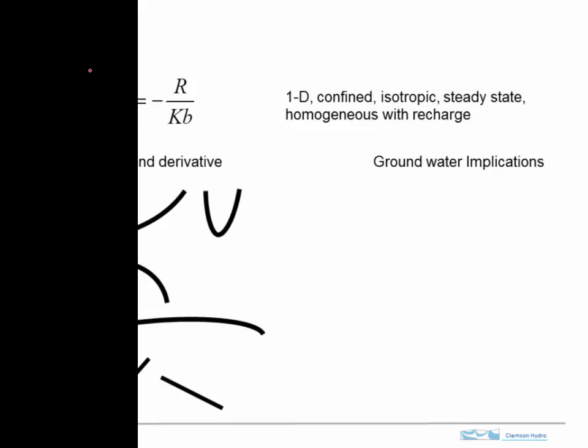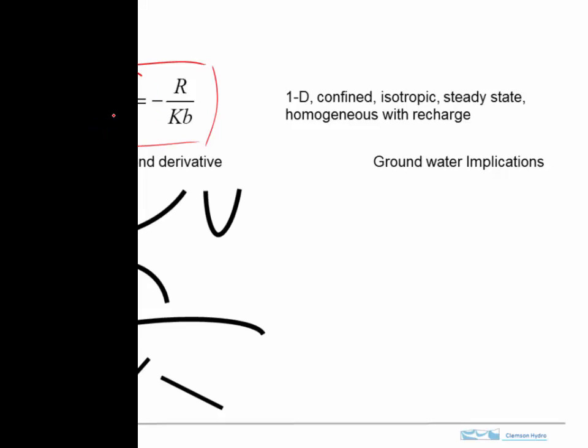Okay, so here's that simplified equation. This is the governing equation, and we see that we have this second derivative here on the left-hand side. So the second derivative is going to be an important term for understanding the distribution of hydraulic head.